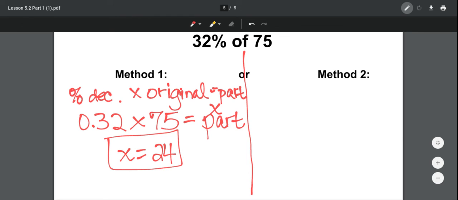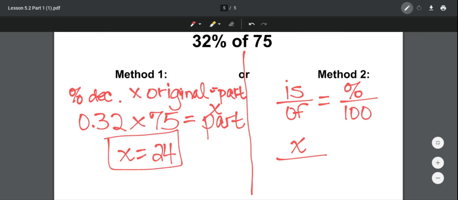Let's use the proportion method. So is over of is equal to percent over 100. Again, we don't have a number for is, so we will use x. Our of number is represented by 75.